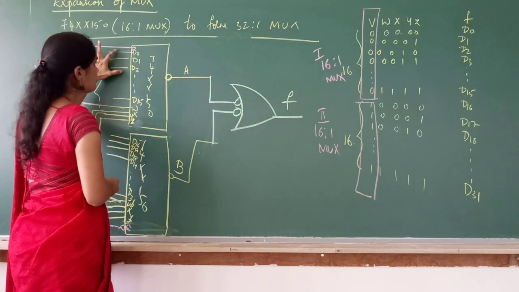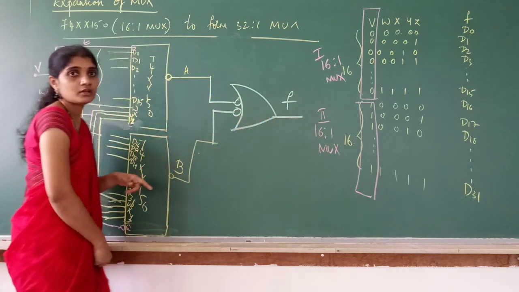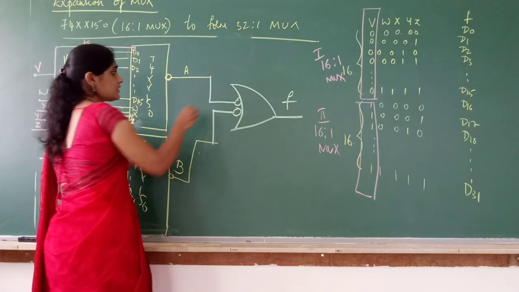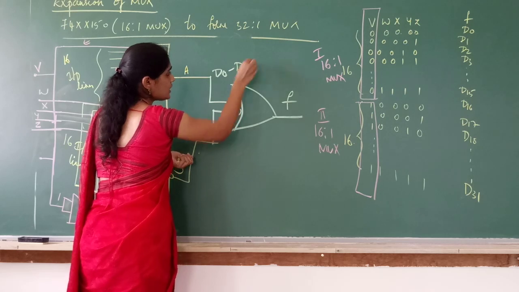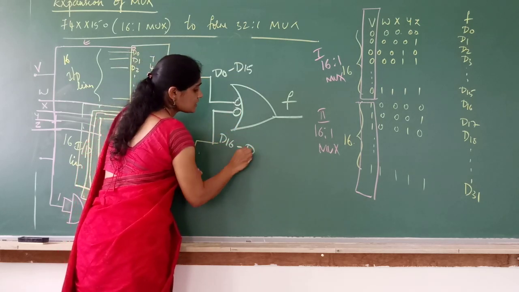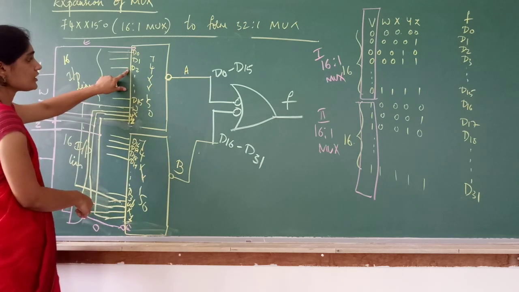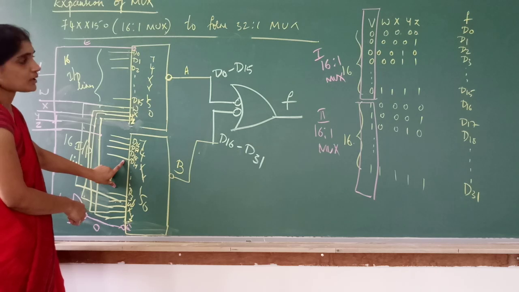Okay. So if D0 is 0, that will be bubbled and you will be getting it as output. And whatever logic value you are going to give here, the same you are going to get as output. Okay. So for the first 16 combinations, the output is from D0 to D15. From D16 to D31, here you are going to get the output. So D0 to D15, the first 16:1 mux, D16 to D31, the second 16:1 mux.